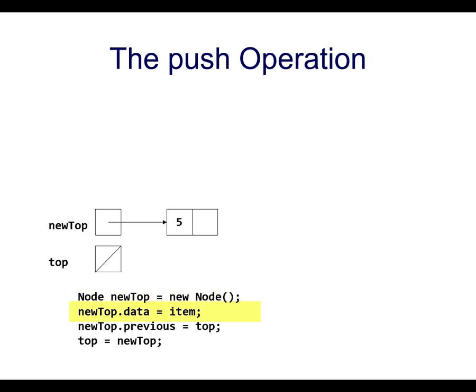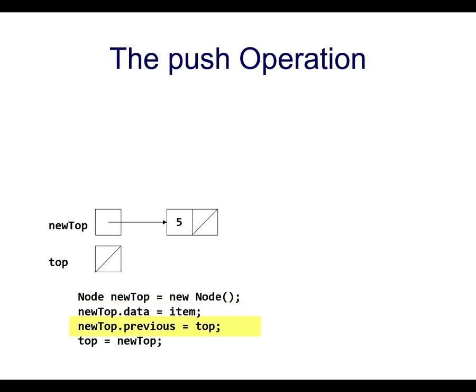Next, the value in item that was passed in as a parameter is copied into the data member of the new node. So as not to overcomplicate the diagram, we have illustrated this step by placing the value 5 directly in the box that represents the data member. Keep in mind that this item is an object, so what is really copied in is a reference to the object that contains the value 5.